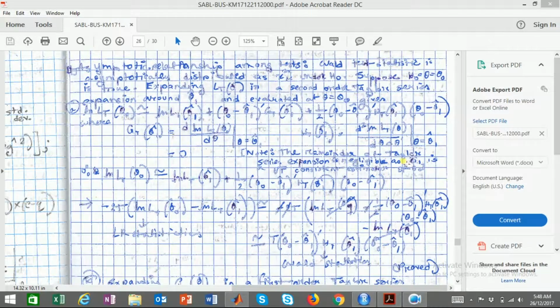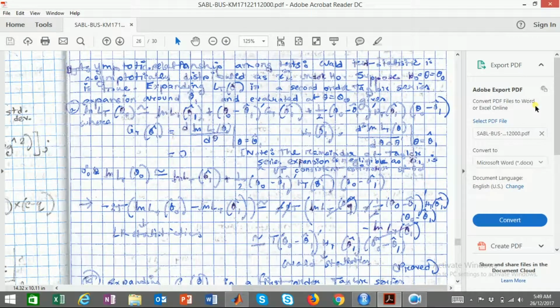Expanding the log likelihood in a second order Taylor series evaluated at theta equals theta naught gives us log LT theta naught equal to log LT theta 1 plus the gradient term in theta naught minus theta 1 plus half theta naught minus theta 1 transpose Hessian multiplied to theta naught minus theta 1. Okay, so we are dividing the whole thing into two parts.